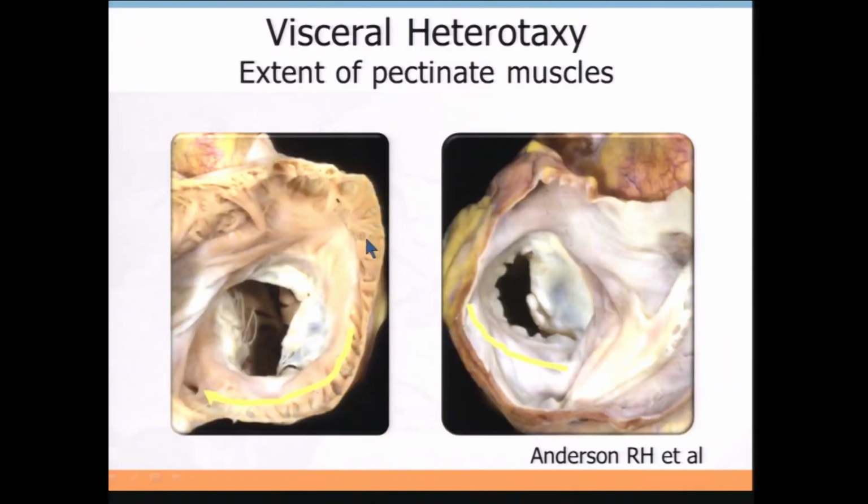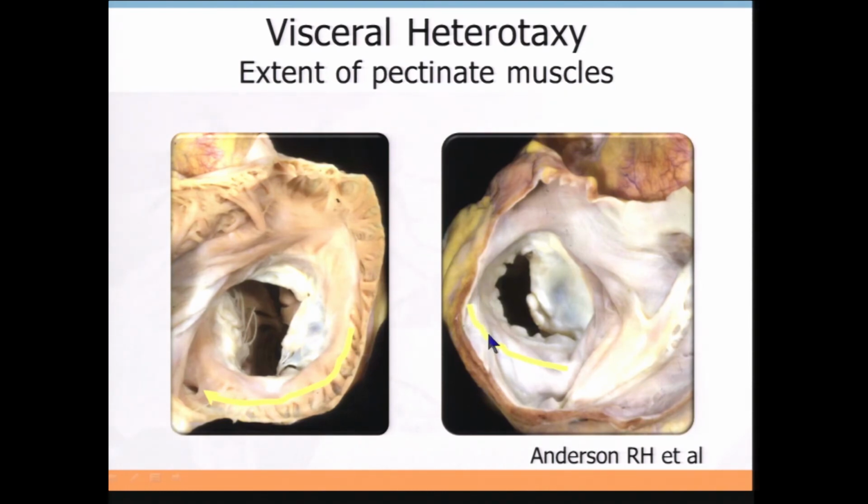And as you know, right atrium has the very well-developed pectinate muscle extending along the tricuspid valve annulus to the coronary sinus ostium. This is the most consistent feature of right atrial anatomy.